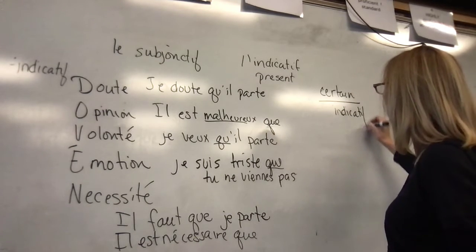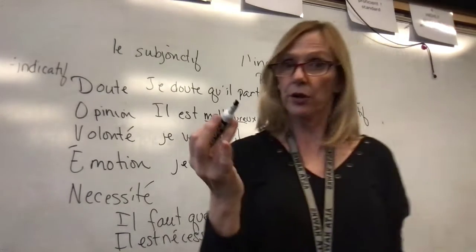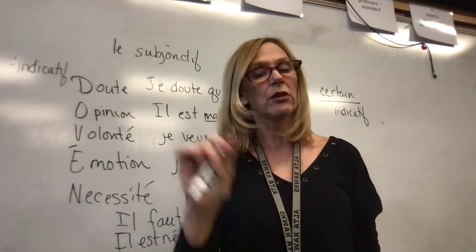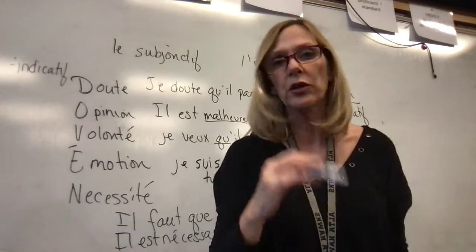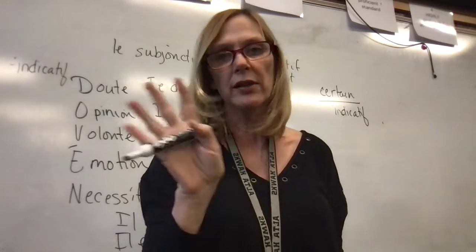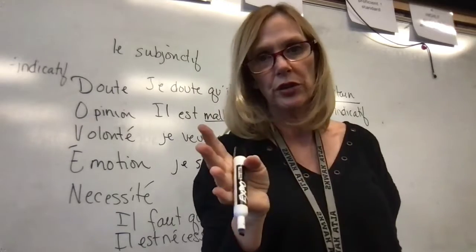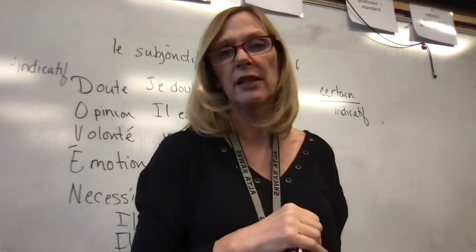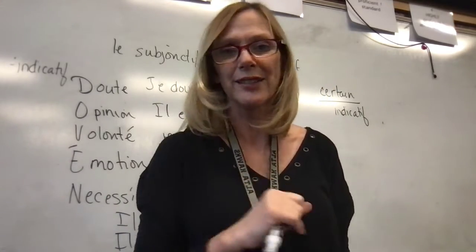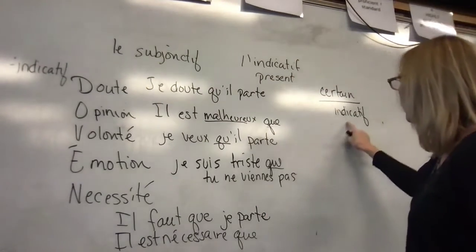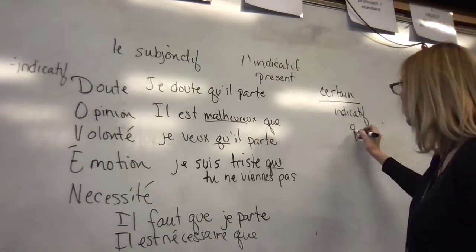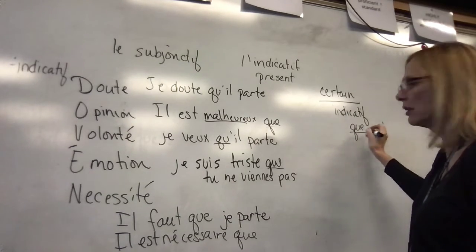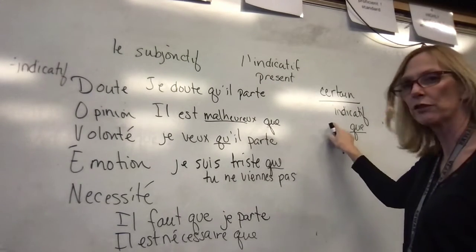Indicatif. Je suis, you'll have a que, but there will be no subjunctive. Je suis sûr qu'il arrive, je suis sûr qu'il part à 5 heures. I am positive, I'm certain that he's leaving at 7, or 5 heures, I think I said. Okay, so that's indicative. Don't use subjunctive, even though it looks like it's got the form with il est and a que. Don't use subjunctive because it's an expression of certainty.